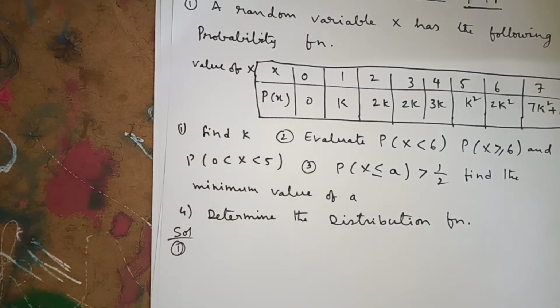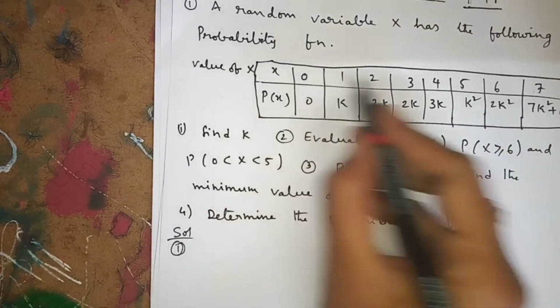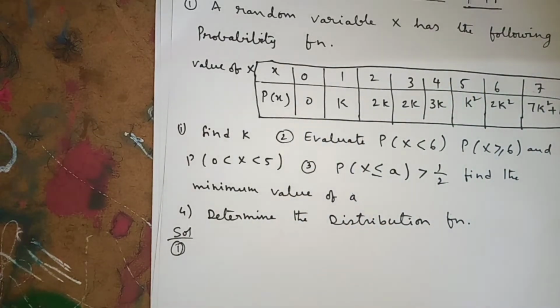Whenever you have a countable, finite number of values, we can think about PMF. If x lies between minus 2 and plus 2, or minus 1 and plus 1, something like that, you have to think about continuous. Now here x assumes 0 to 7 values, therefore discrete random variable.